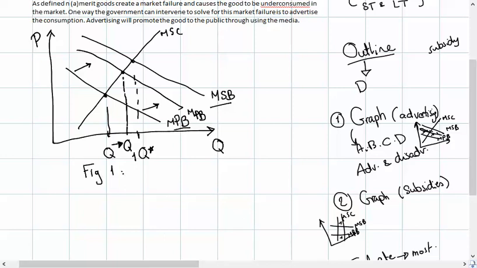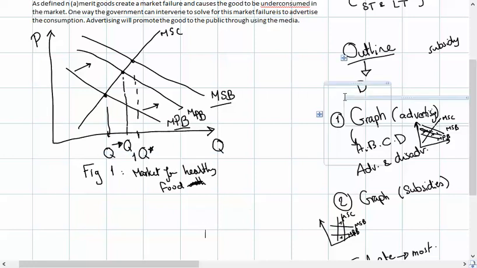Figure 1 is the market for healthy foods with advertising. You don't need to do it this way; this is the market for healthy food. Okay, now let's start the explanation of the ABCD of the graph.